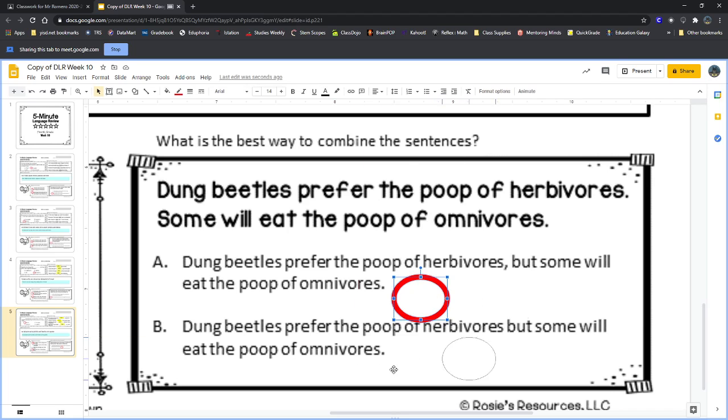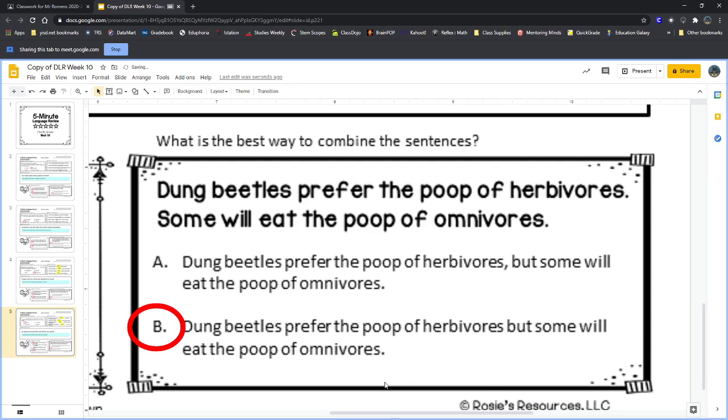In this case, they tell us some, but they don't tell us some what. Some people, some bugs, some birds, what? Since I don't really have a topic, answer choice B is better because I don't need the comma and the conjunction if both sides are not complete.